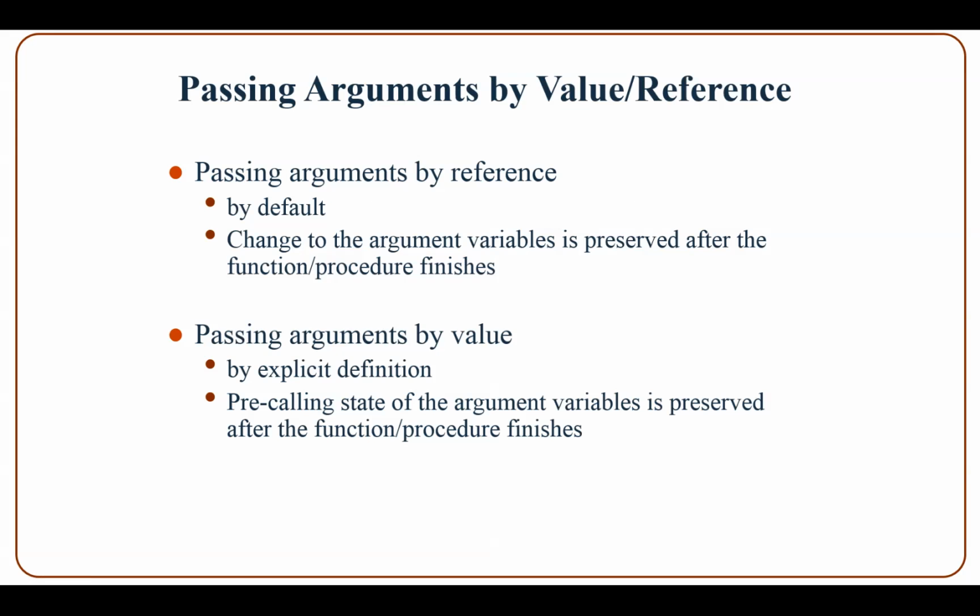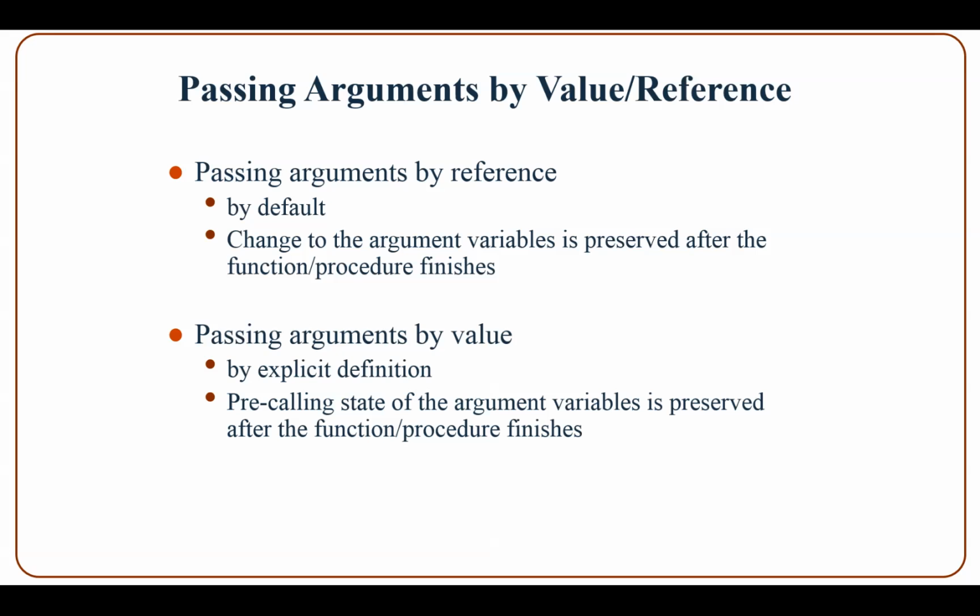Passing arguments by value or reference. Passing arguments by reference is the default. In this case, the addresses of the variables are passed to the arguments, so the change to the argument variables is preserved after the function or the procedure finishes.